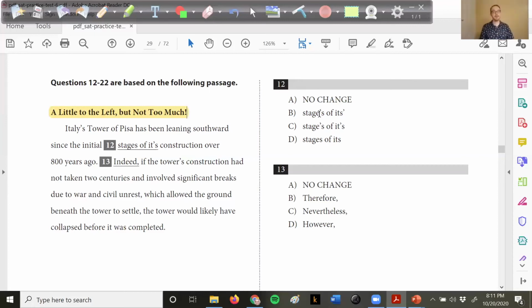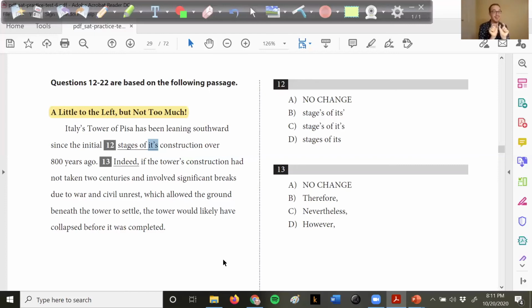Stages could be split into stage and is. So that's how it works normally. Now with its is a very particular case. With its, you only use an apostrophe when you can say it is.